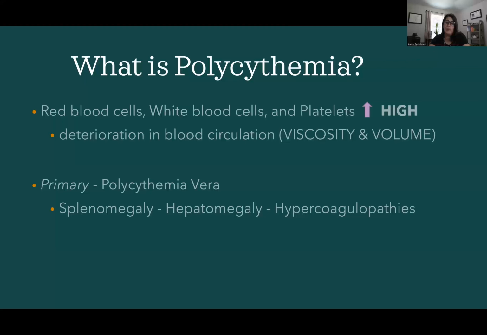With all these red blood cells and platelets, the individual is at risk for clots. So that's where we're going to see a lot of the symptoms, and we're going to prevent.